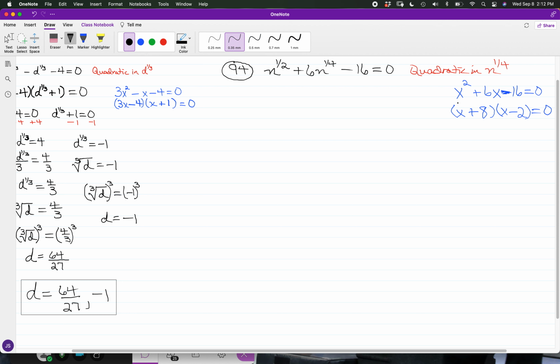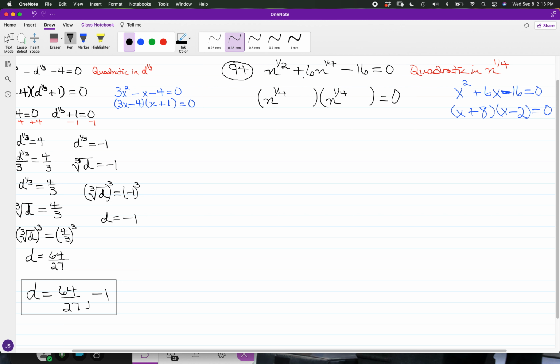Instead I've got this equation quadratic in n to the 1/4. So what I'm saying here is that for n to the 1/2, this will factor out to what the equation is quadratic in. In this case, n to the 1/2 will factor out to n to the 1/4 times itself.